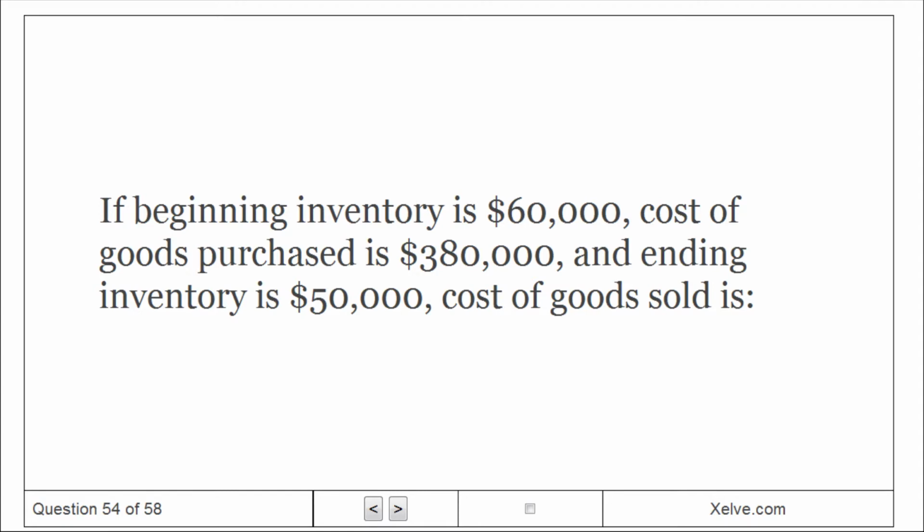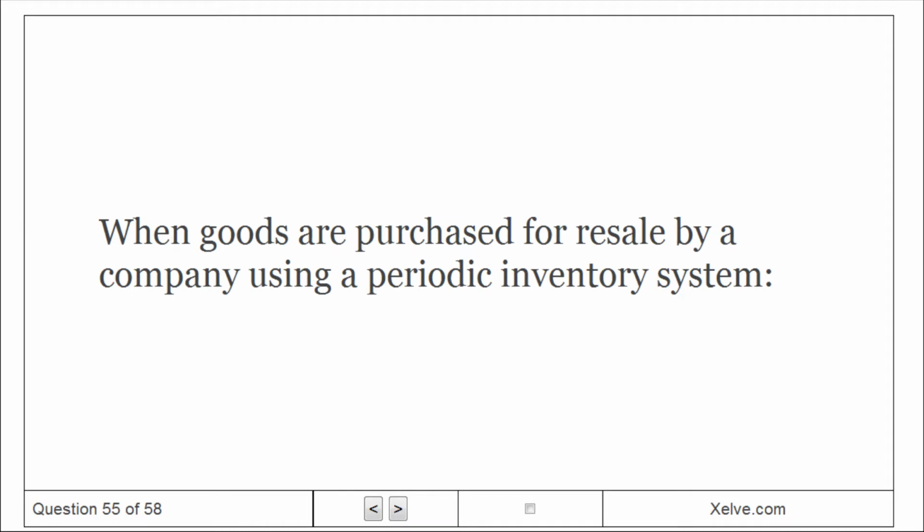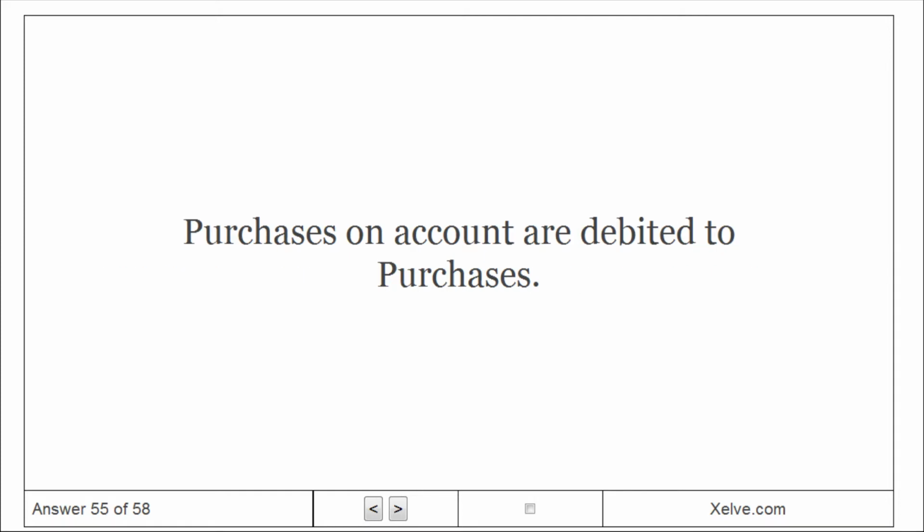If beginning inventory is $60,000, cost of goods purchased is $380,000, and ending inventory is $50,000, cost of goods sold is $390,000. When goods are purchased for resale by a company using a periodic inventory system, purchases on account are debited to purchases.